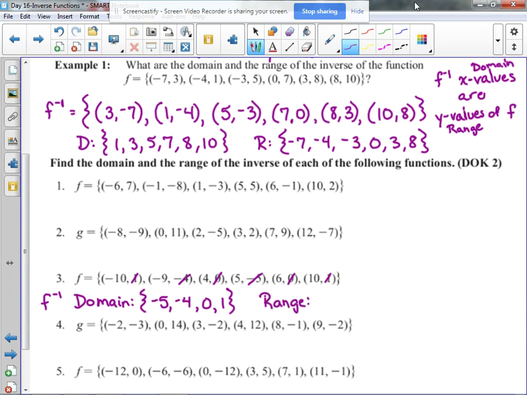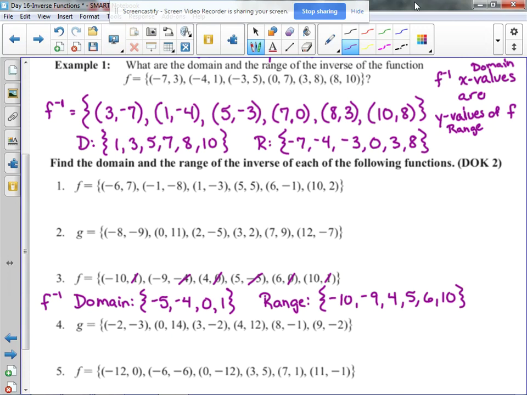For the range, that's the x values of the original. So -10, -9, 4, 5, 6, and 10. So none of those repeated. I think that it's kind of helpful maybe kind of mark them off as you write them down so that you don't miss any.